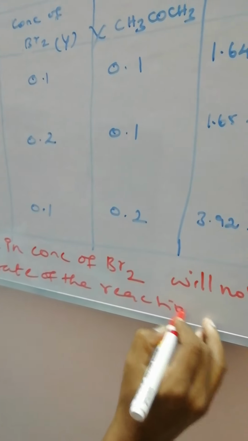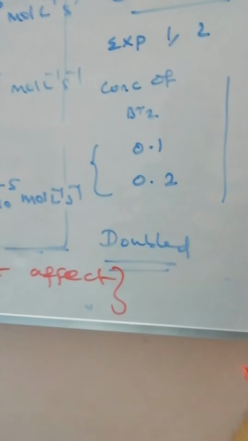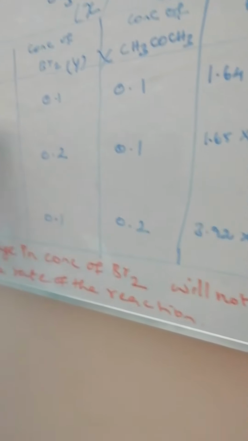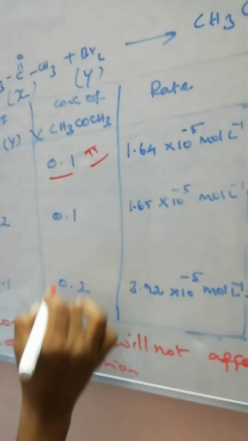Case 1: what we understand from experiments 1 and 2 is that the concentration is doubled, but the reaction rate is not doubled. Now we are going to do experiments 1 and 3 in the second case. Shall we do that?